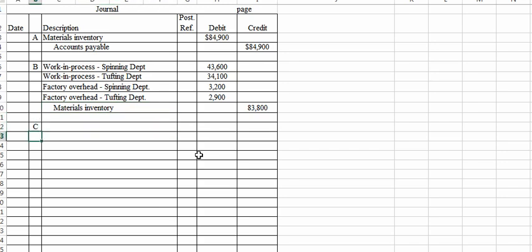C is very similar, except instead of dealing with materials, we're dealing with labor. Our direct labor, you probably guessed it already, will be a part of work in process by department. Your indirect labor will be a part of factory overhead by department. I'm just going to copy these down.